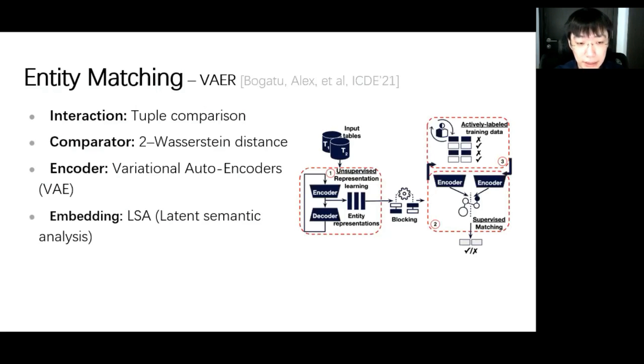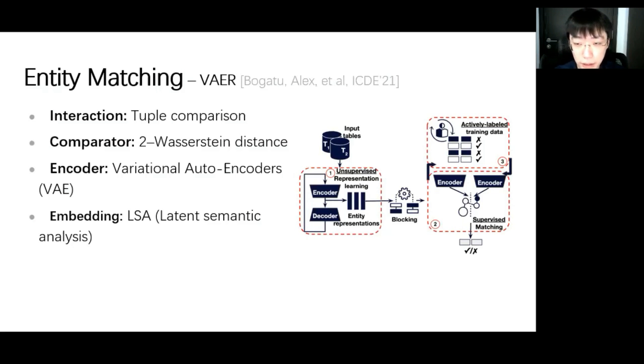So far, the deep learning models we introduced all require large annotations, mostly due to the big model complexity of the heavy backbone. So there is a model called VAER. The aim of VAER is to reduce the annotation cost using unsupervised representation learning.